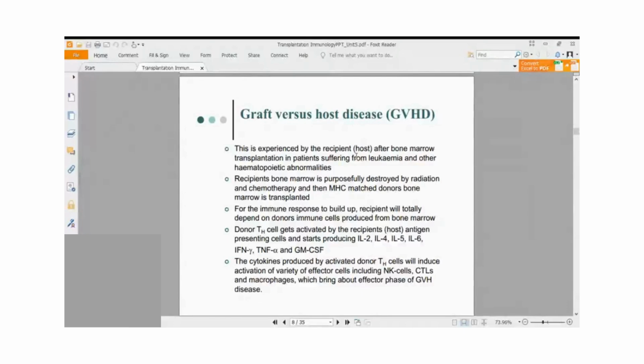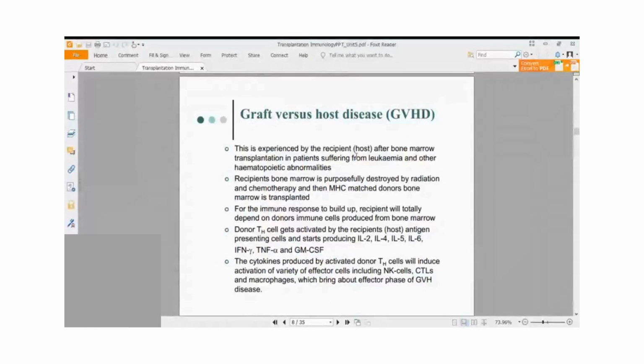And it is highly irradiated. It is subjected to radiation. After radiation, simultaneously the person is given chemotherapeutic drugs, and those chemotherapeutic drugs will destroy the bone marrow. And now the person who is supposed to receive the bone marrow transplantation is totally immunocompromised. Totally immunocompromised means he cannot produce any immune cells of his own.